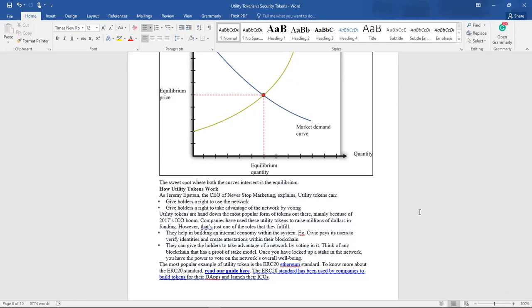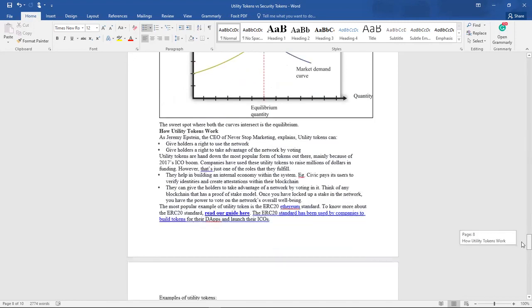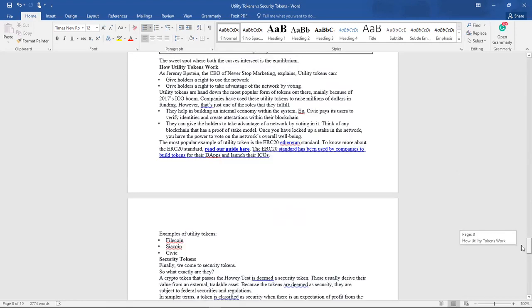The ERC20 standard has been used by companies to build tokens for their dApps and launch their ICOs. Something like Uniswap is a dApp, and Uniswap has created a token so that they can raise money for their project.